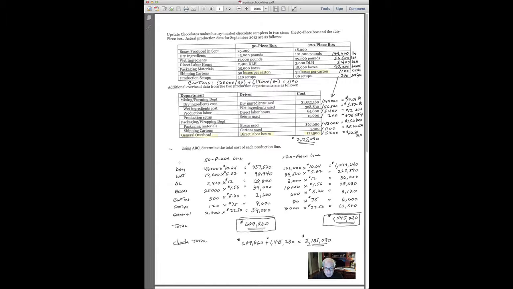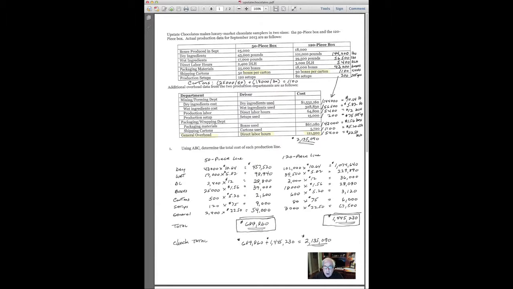Then the next step is to come down and have a column for the 50 piece and a column for the 120 piece. Notice I only wrote the descriptors once on the left-hand side: dry, wet, DL, boxes, cartons, setups, general. I don't care how you abbreviate on this, it's for your benefit.